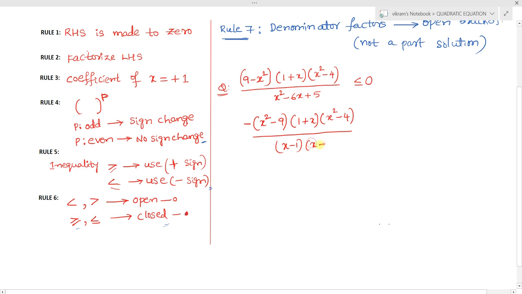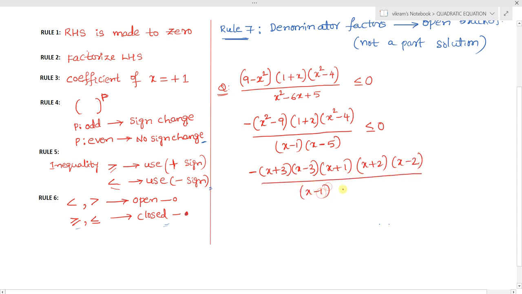Now minus is over here, then we can write x square minus 9 as a square minus b square, a plus b into a minus b, 1 plus x as x plus 1, x square minus 4 as x plus 2 into x minus 2, by x minus 1 into x minus 5, less than or equal to 0.